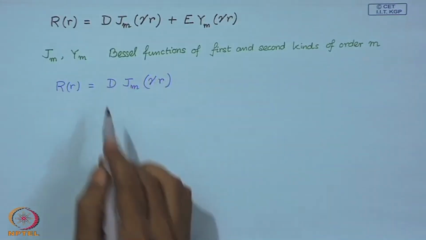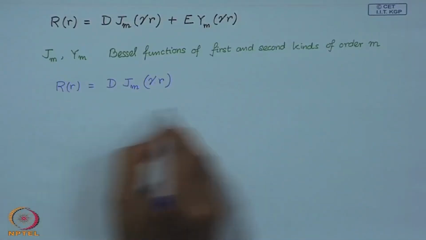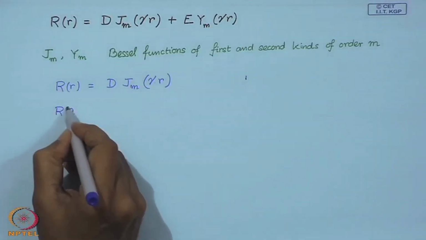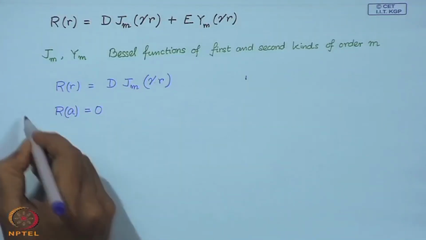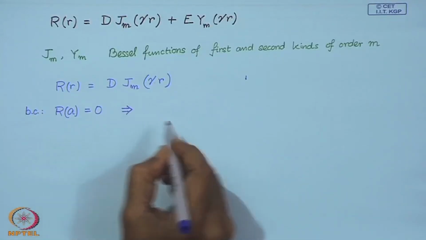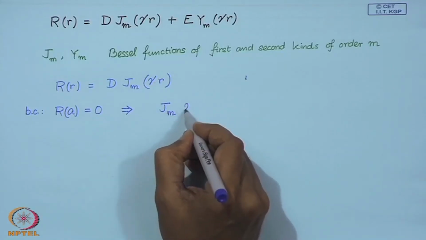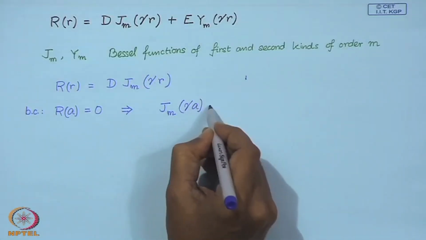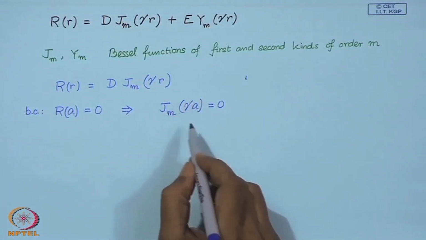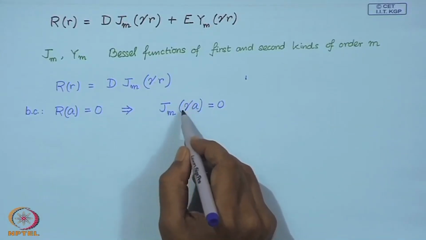Now, if you do that, we have just one boundary condition: R at a is equal to 0, and that implies, since a is the radius of the membrane, that we must choose gamma.